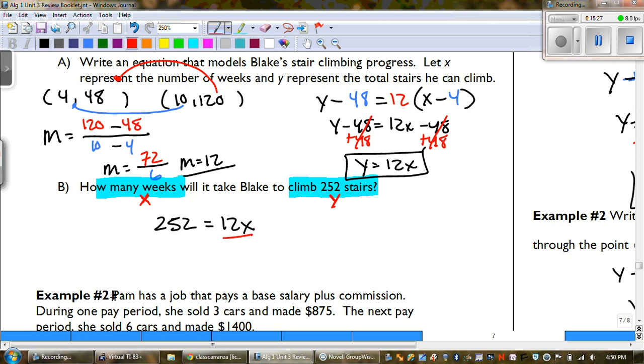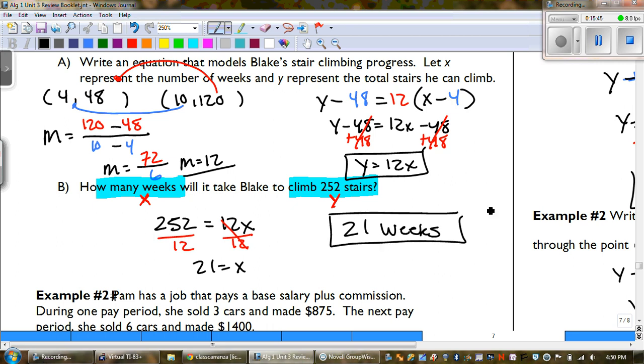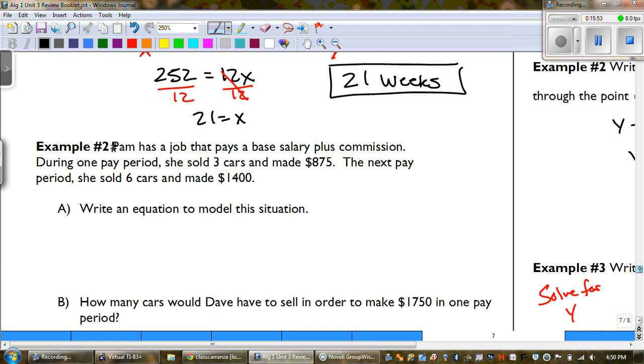So to figure that out, we have to divide both sides by 12. And 252 divided by 12, what'd you guys get? Should get 21. So our answer is 21 weeks. Remember, you need to label that because I don't know if it's 21 years, okay? 21 decades. Make sure you know, okay?